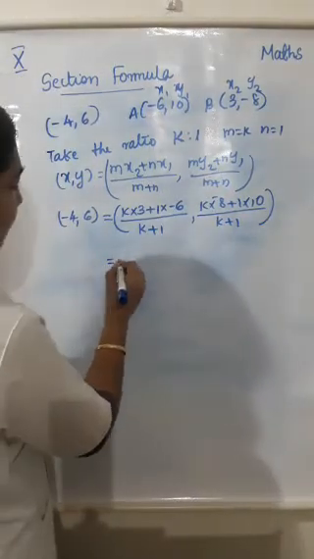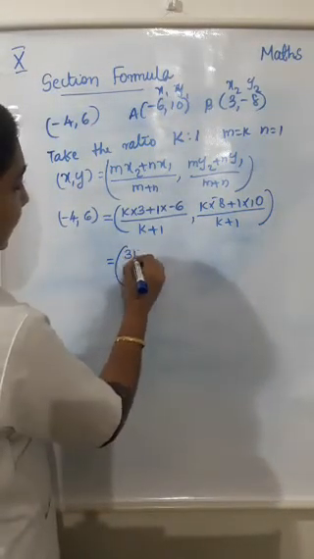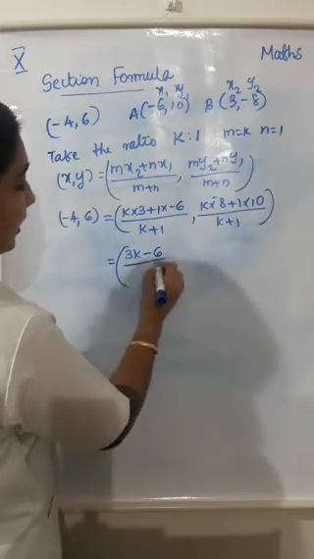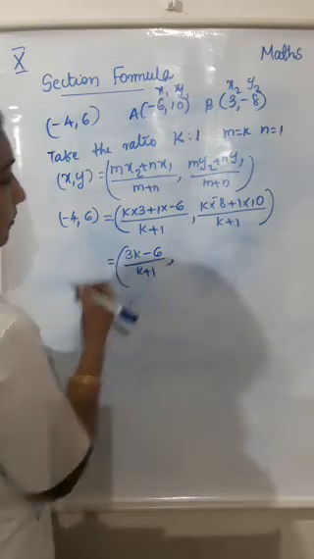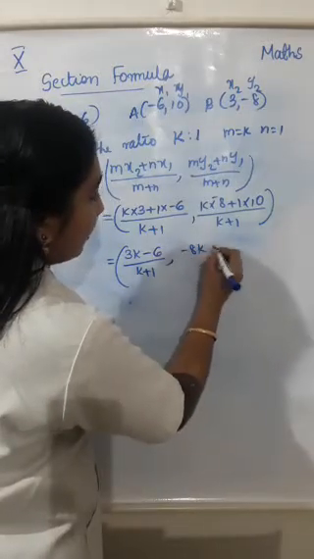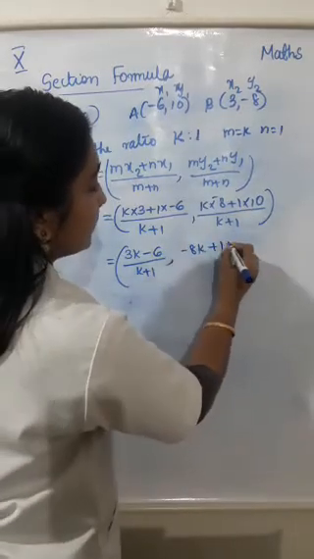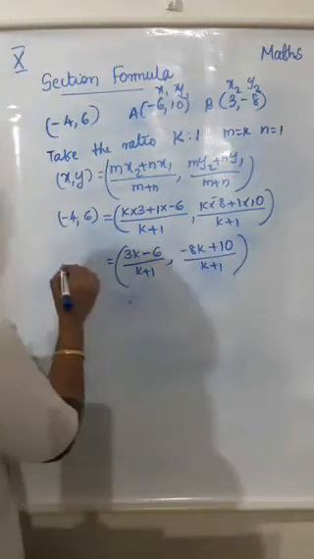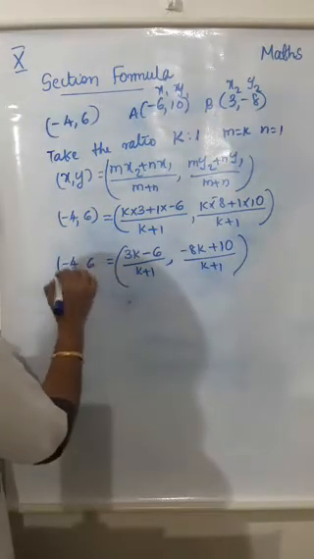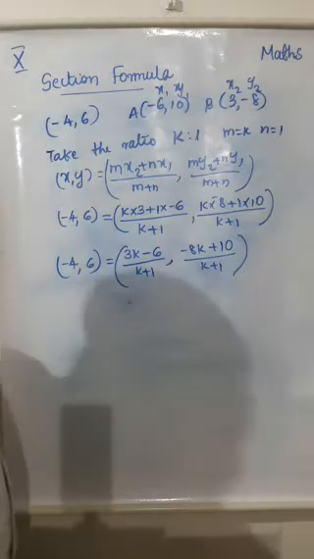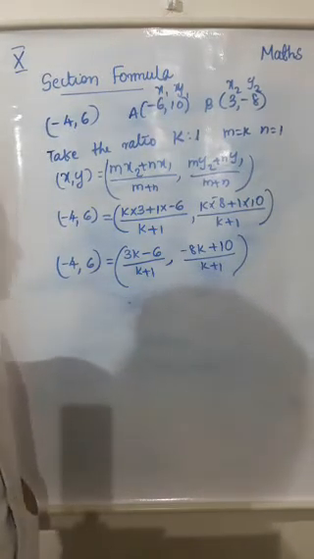That is 3k minus 6 by k plus 1, and negative 8k plus 10 by k plus 1.